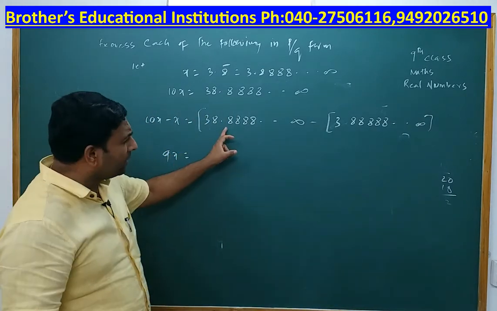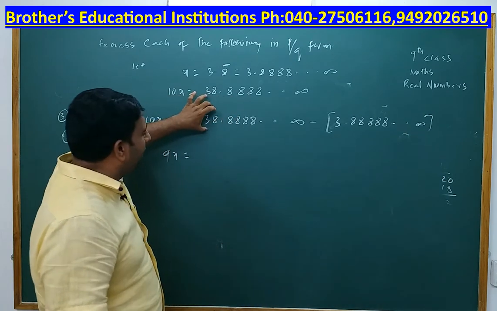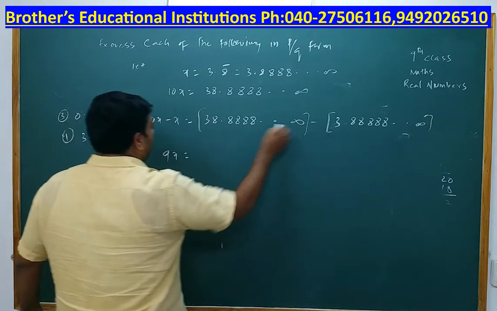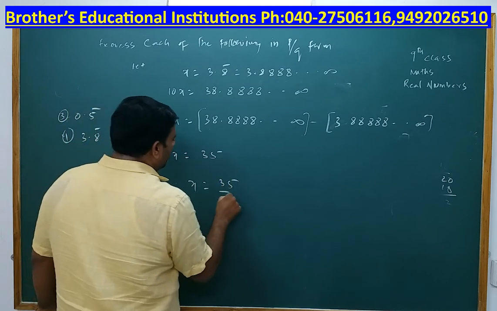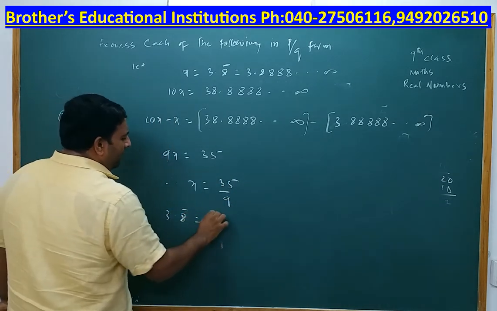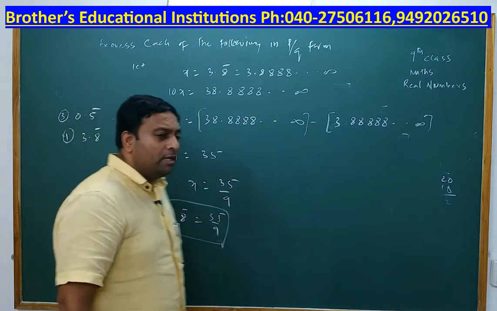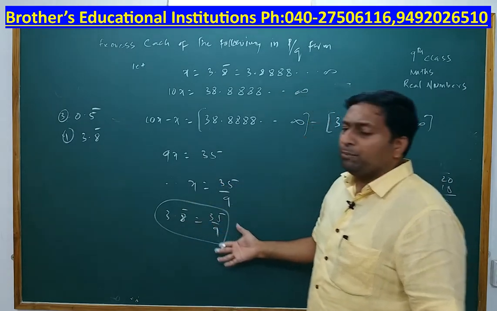Now 0.888 will get cancelled, and the subtraction lies between 38 and 3. What is 38 minus 3? 38 minus 3 is equal to 35. Therefore x is equal to 35 by 9. But x is actually 3.8 bar. So 3.8 bar is equal to 35 by 9. You have successfully expressed a decimal form into a P by Q form.